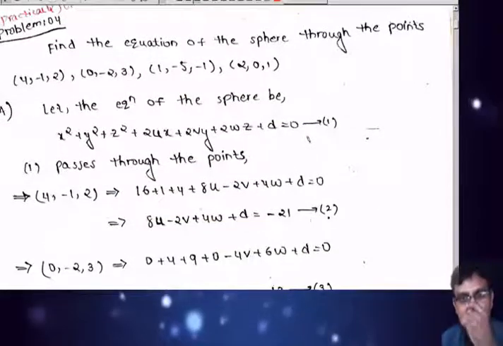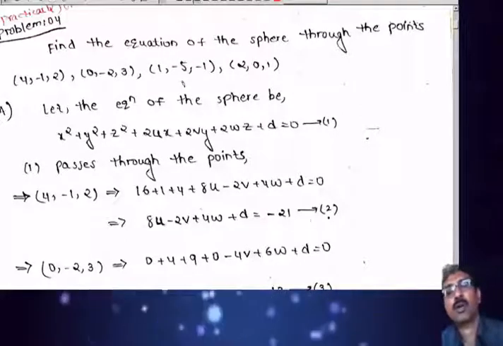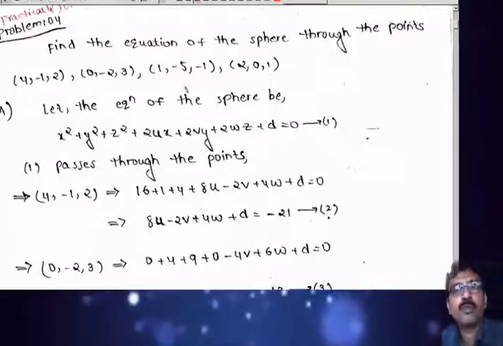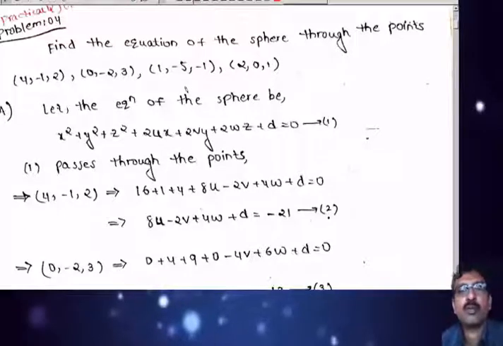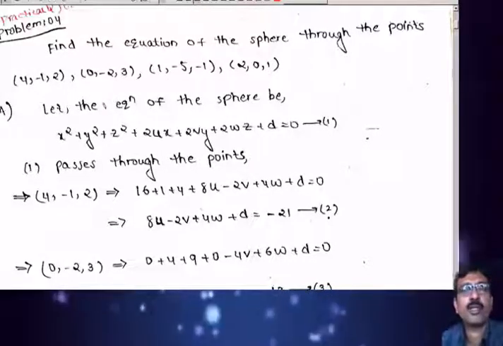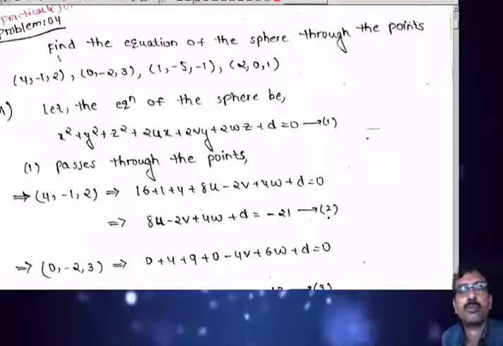Here is one more problem which is very important from an exam point of view. You may get it as a question in the final examinations. So see the question.